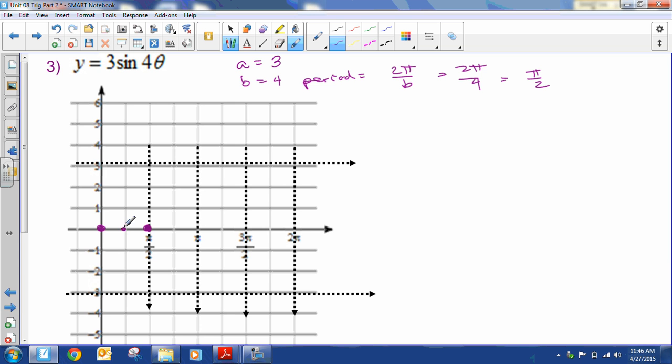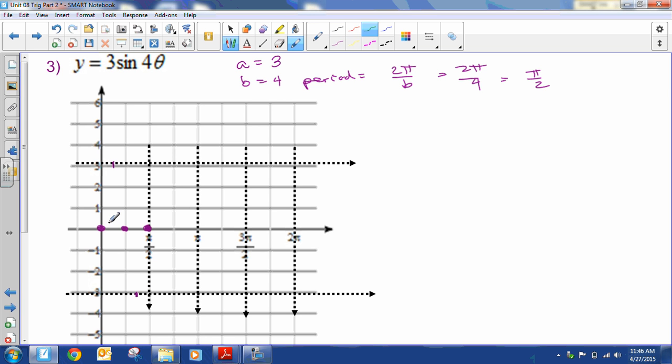And if you remember, halfway between the full cycle of sine, we're at 0 again. It's the quarter mark where we reach 1. And instead of 1, the amplitude is 3, so we're up here. And here at the 3/4 mark, we reach -3.